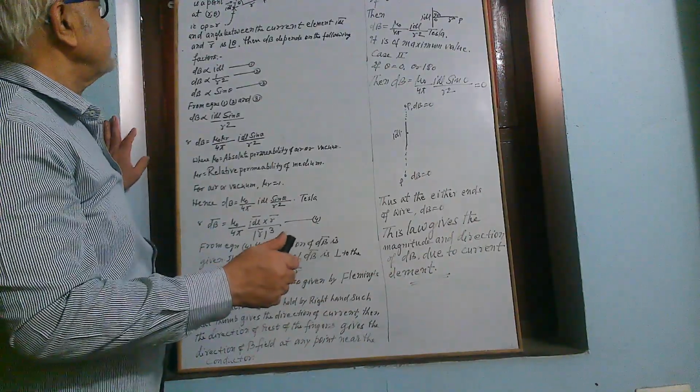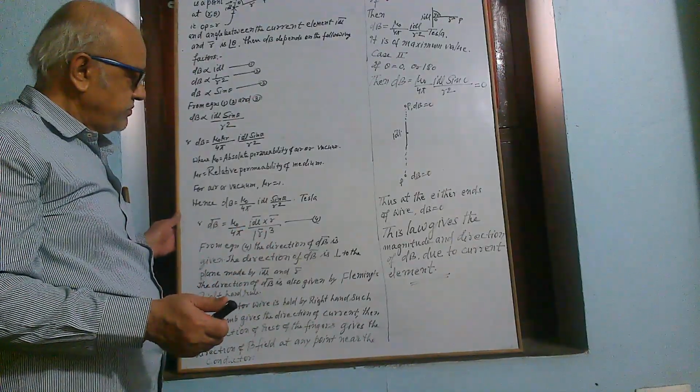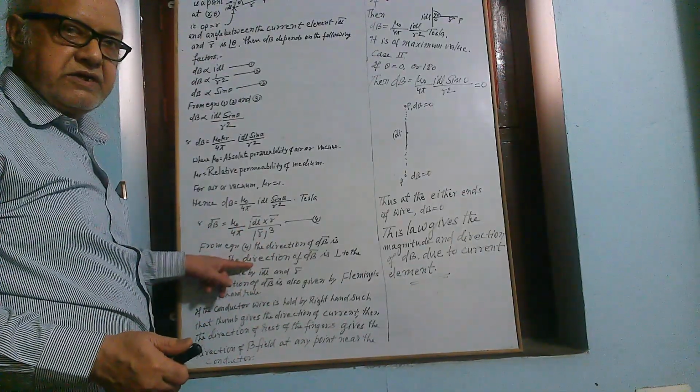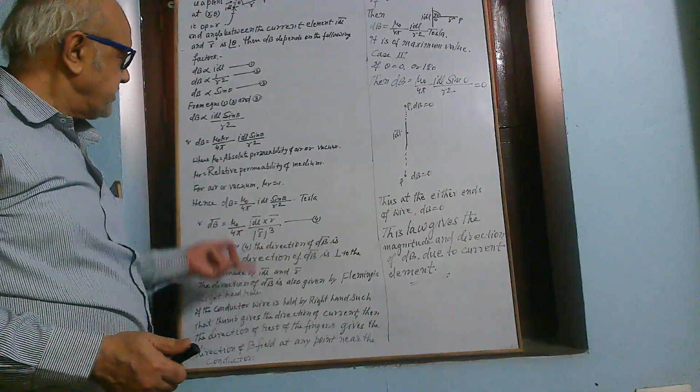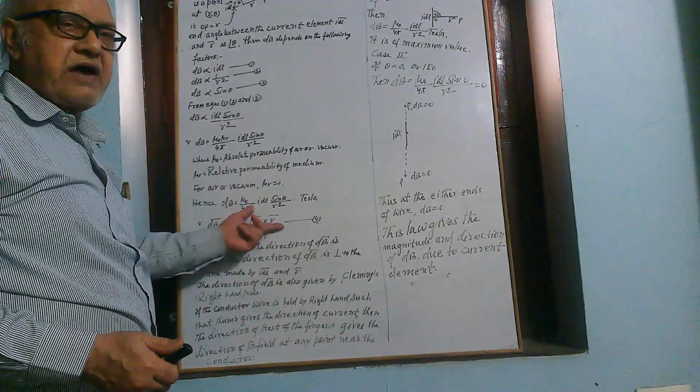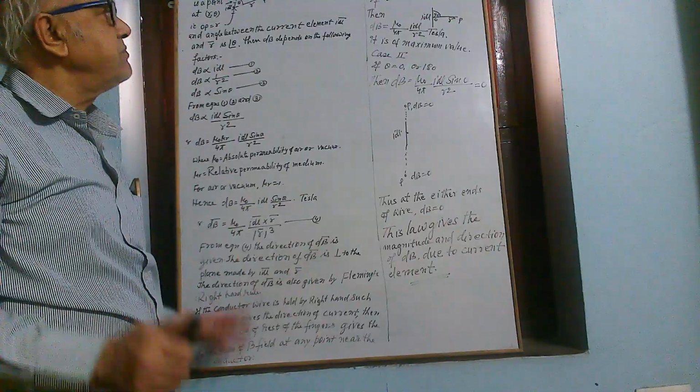So the direction of dB is given by two laws. The first is determined by Idl cross r and the second is given by Fleming's right hand thumb rule.